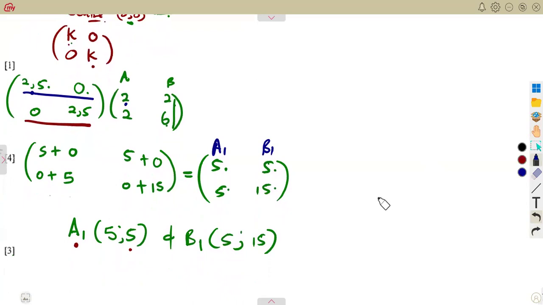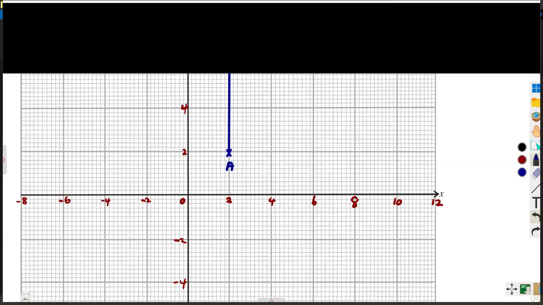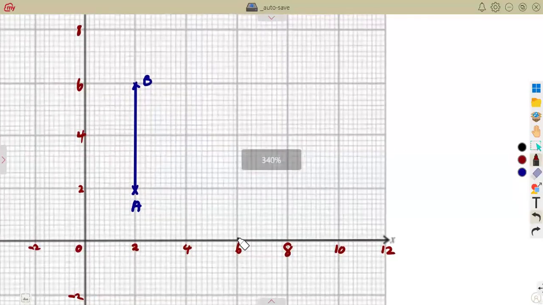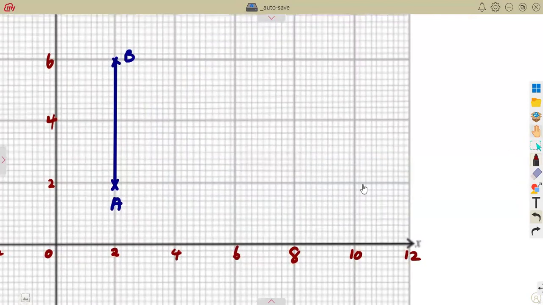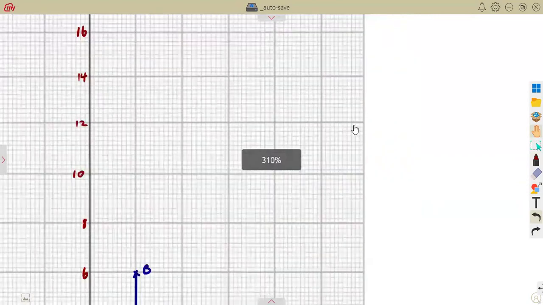All right, so let us check what we have on our graph here. So that's 5, 5, the first part that we're going to present. If we check these values that we are given, the 5 is just in between 4 and 6. And also the 15 is going to be in between 14 and 16. So just going to try mark the point that is in between.